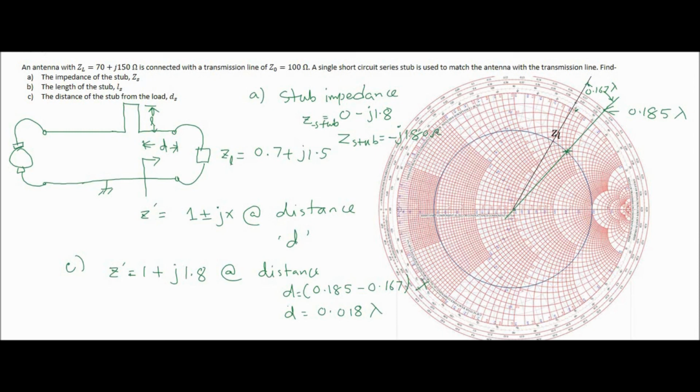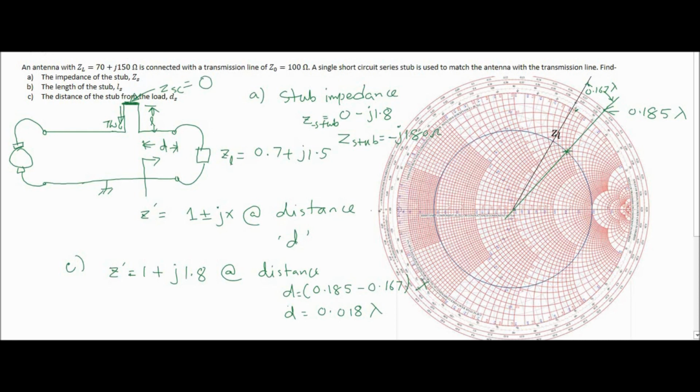The stub is here, so you have to measure the length from this point and move toward the generator. This is the short circuit point, ZSC, and ZSC equal to 0.